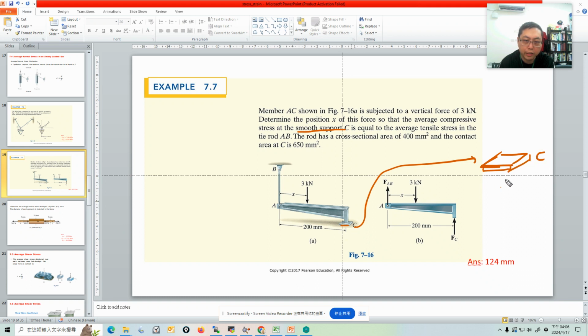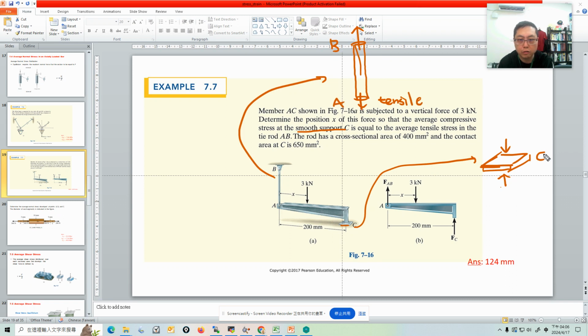And rod AB, what does it say? This rod AB has a tensile stress. It's A, it's B, it's C. So that's the description of the problem.